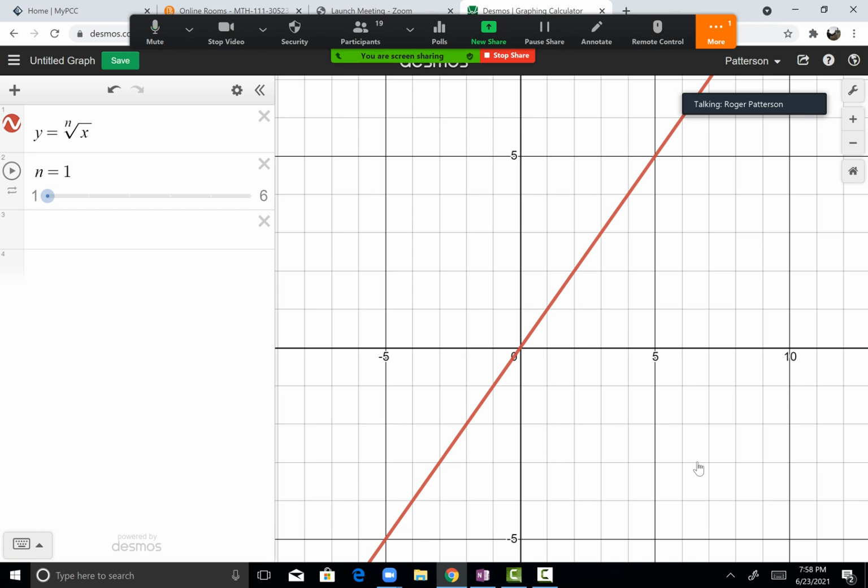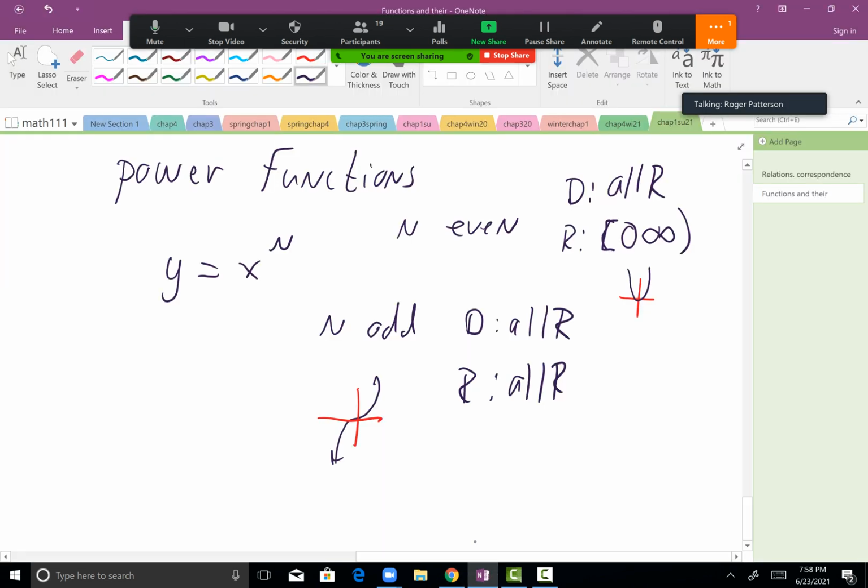What's the range? The domain is 0 to infinity. And the range is also 0 to infinity. Okay. I know you can't see what I'm writing, but we'll come back to this.